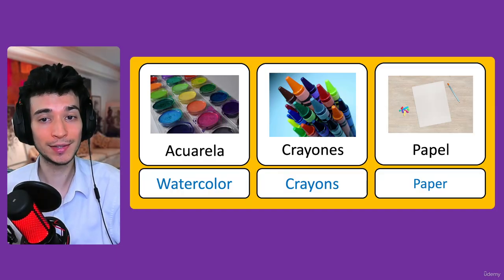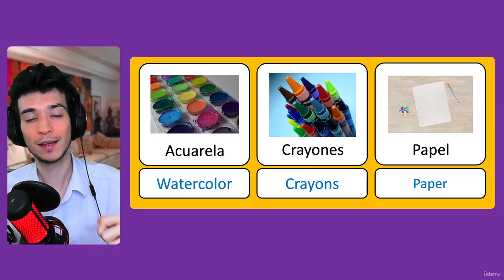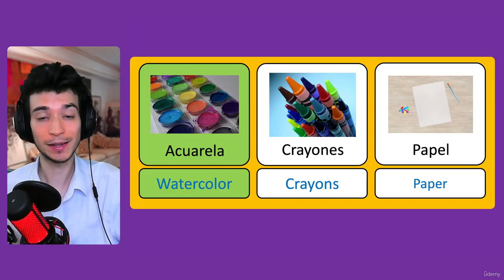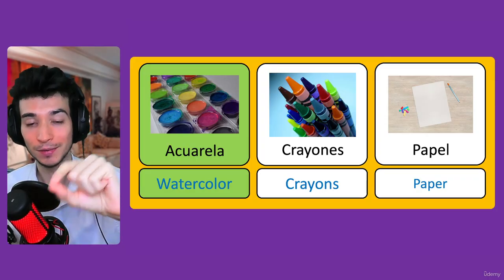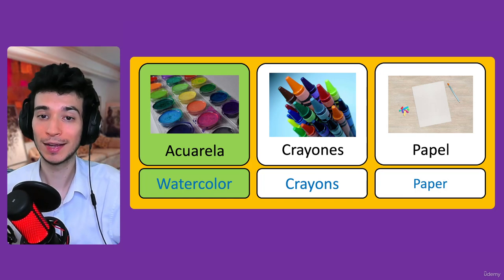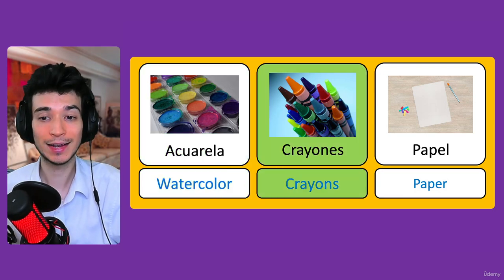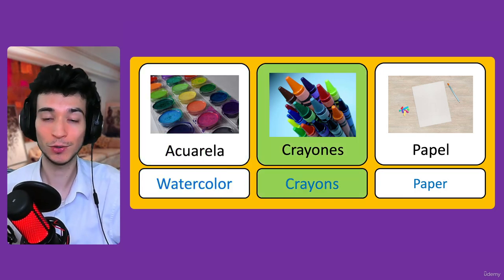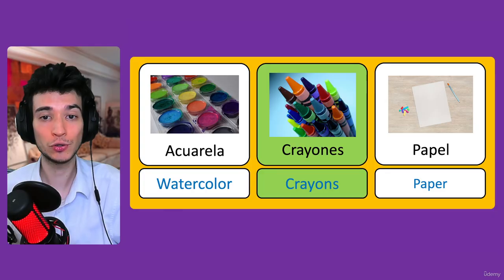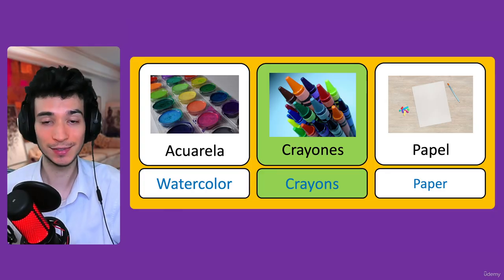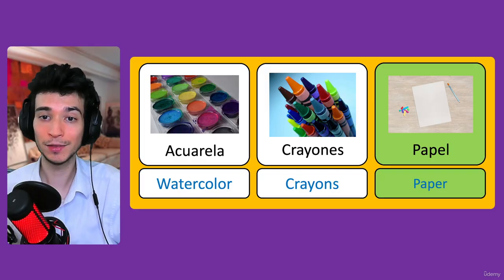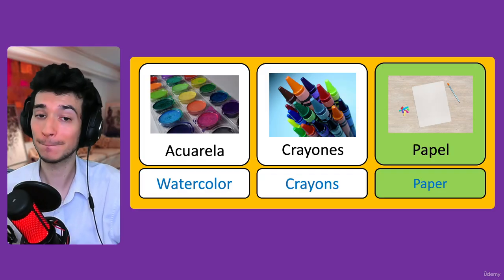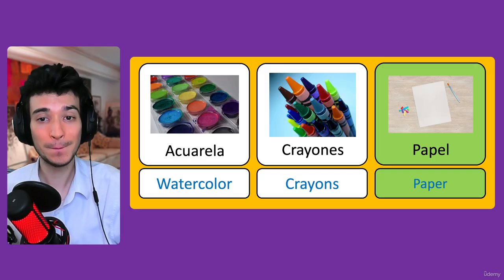And another thing, if you're going to paint, we have acuarela, which is watercolor. And the next one, crayones, crayons. And the third one, papel, simple, paper.